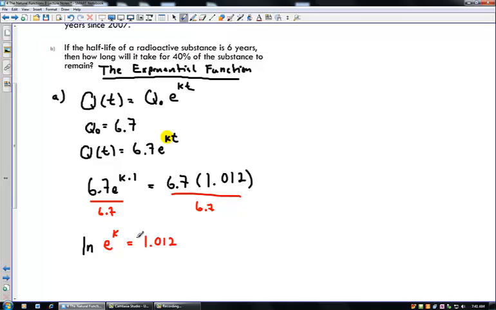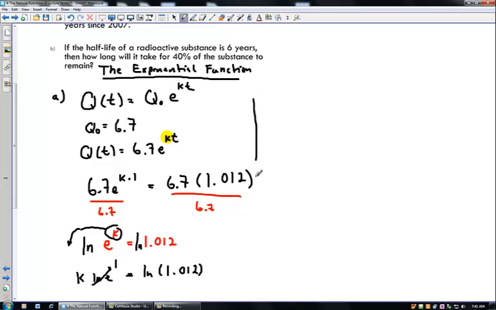So I can ln both sides. Then the k will come down. That's a property of logarithms. The k will come down. And so I get k ln of e equal to ln of 1.012. And ln of e, of course, is the nice number of 1.